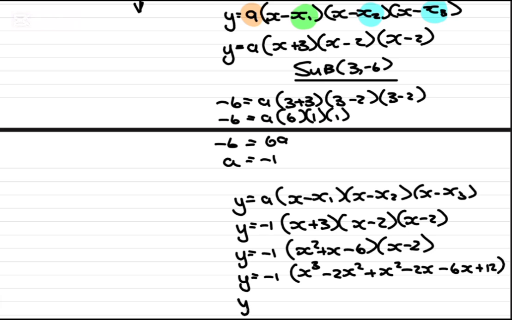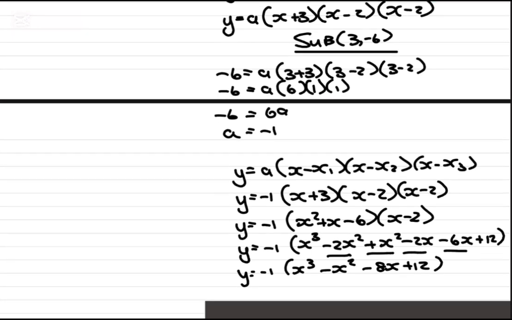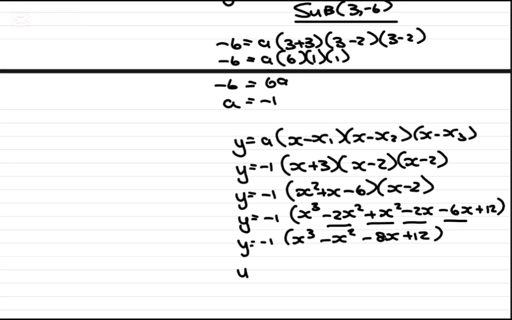So let's just simplify this. X to the power of 3, these are similar terms, so it's minus x squared. These are similar terms, so it's minus 8x plus 12. And then from here onwards I can distribute my negative 1 into this. So it's negative x to the power of 3 plus x squared plus 8x minus 12.